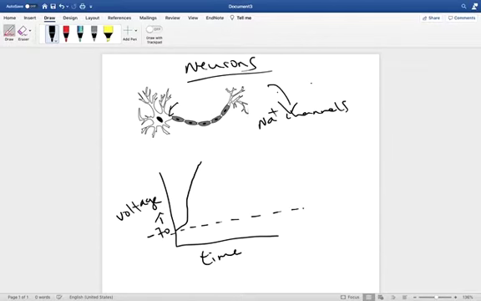As sodium comes into the cell through the channels, it's the process of depolarization, changing the charge to a more positive charge, right, as we go up this graph here.